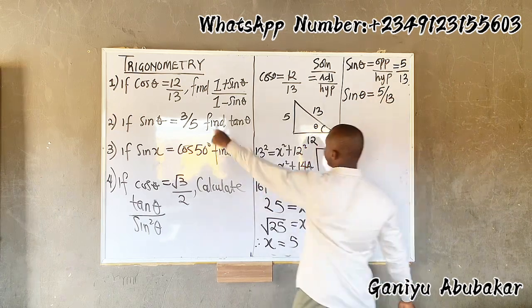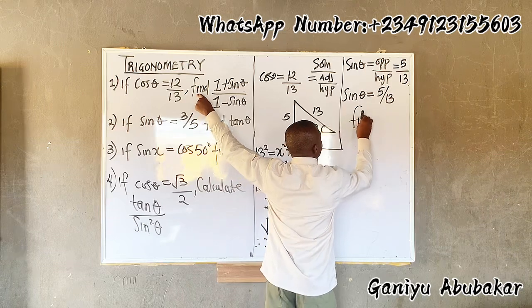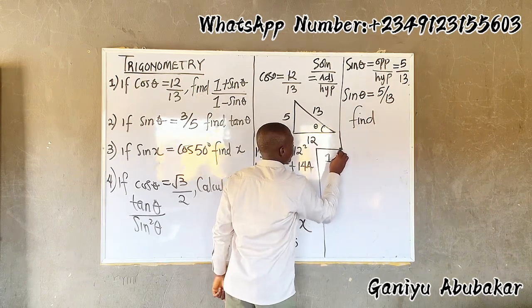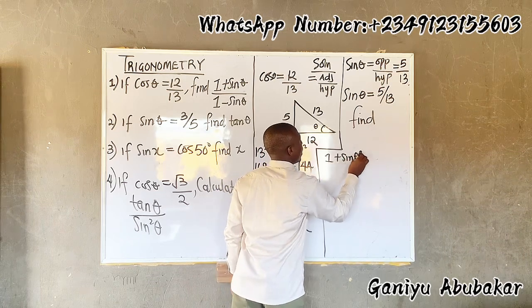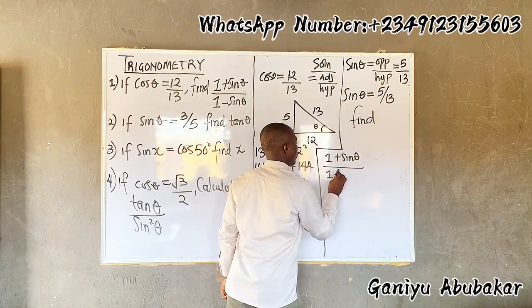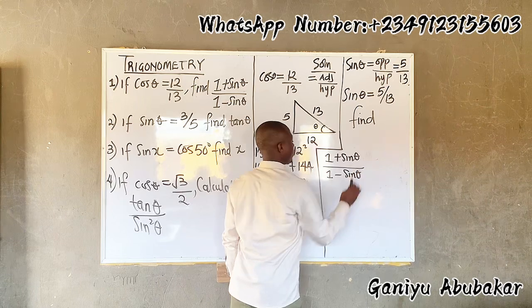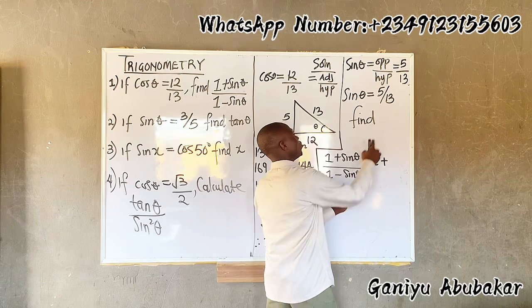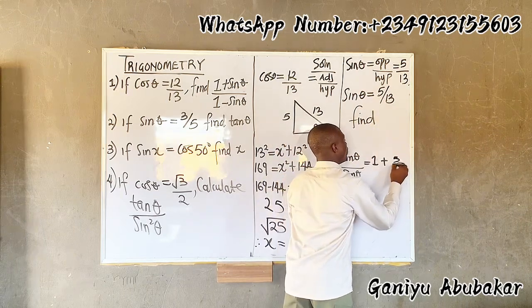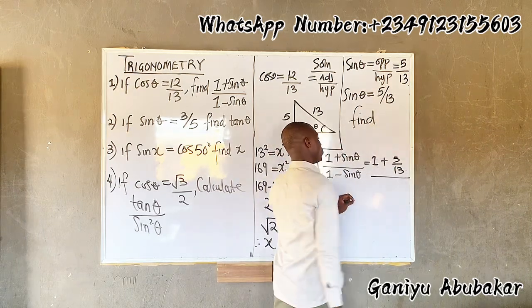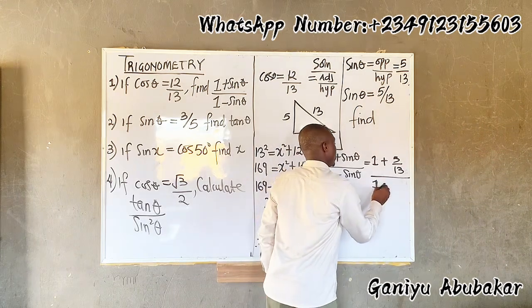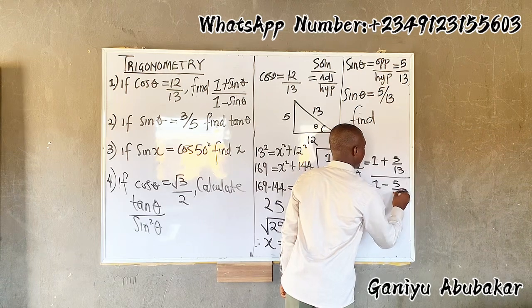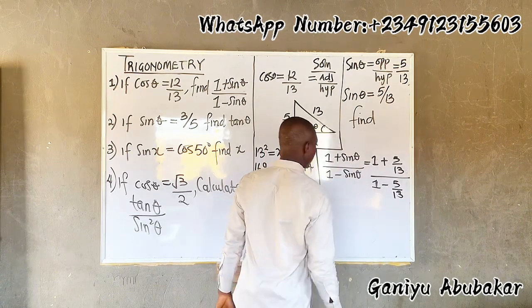Now let's find 1 plus sin theta over 1 minus sin theta. This is equal to 1 plus 5 over 13 all over 1 minus 5 over 13. All right.